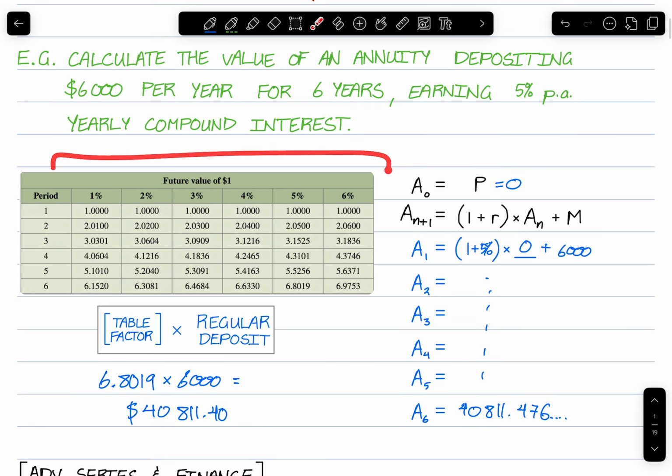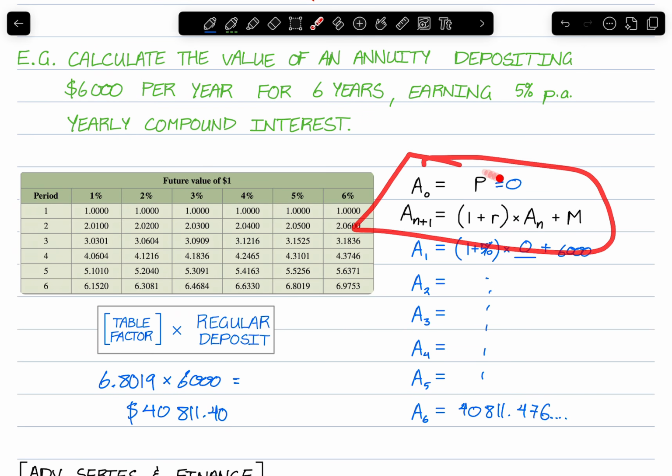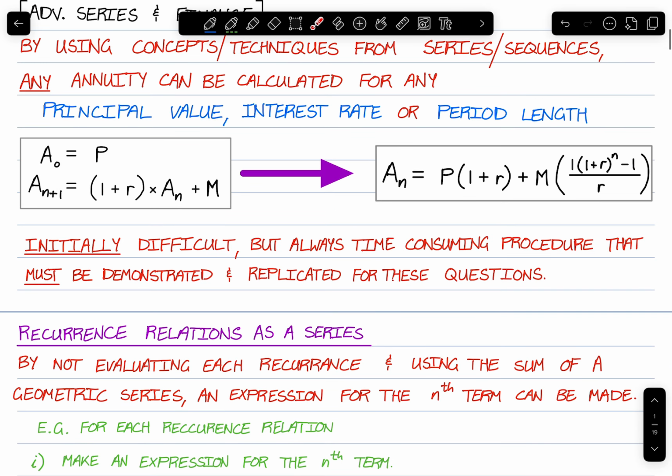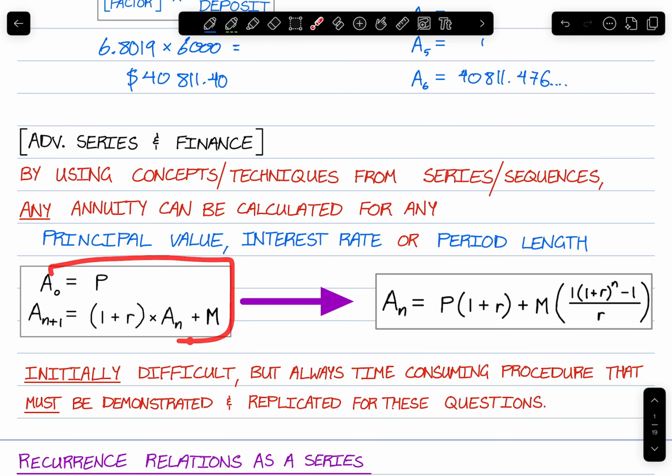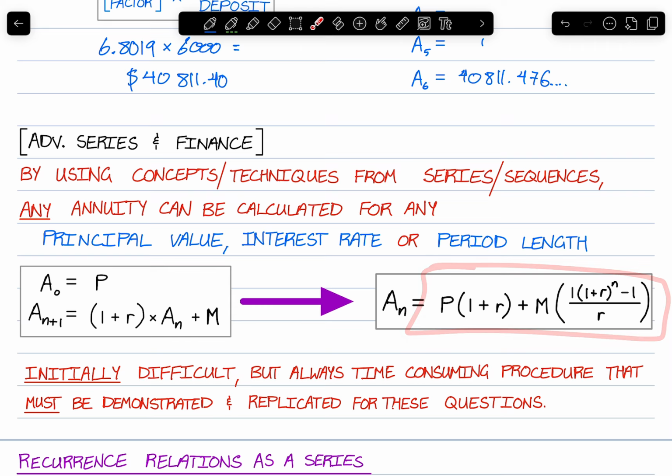In these, we were only restricted to this future value table or to a few repetitions of the recurrence relation. But by using series and sequences, we can change this recurrence relation into an expression, and you'll see that this will happen pretty frequently. And this arrow that I've done in purple, this is what we're going to be learning.